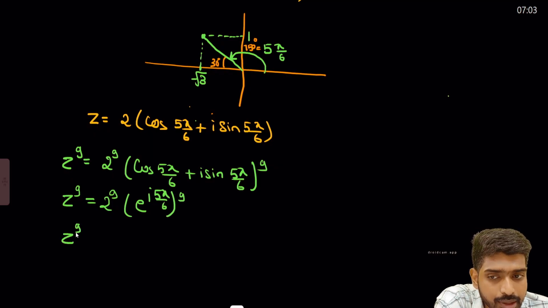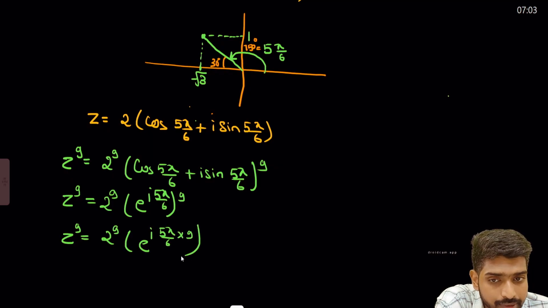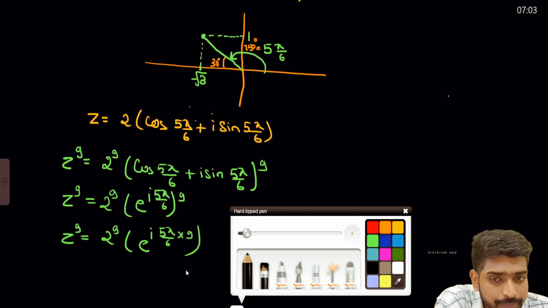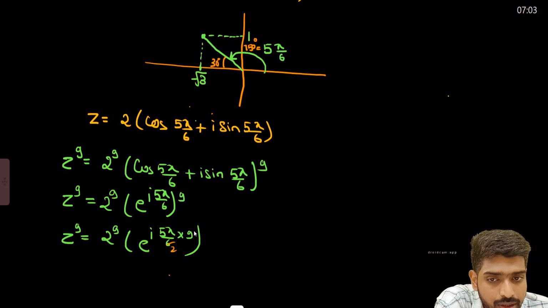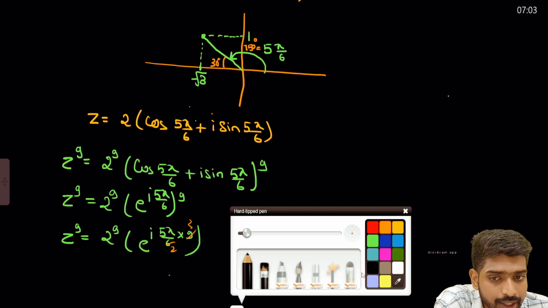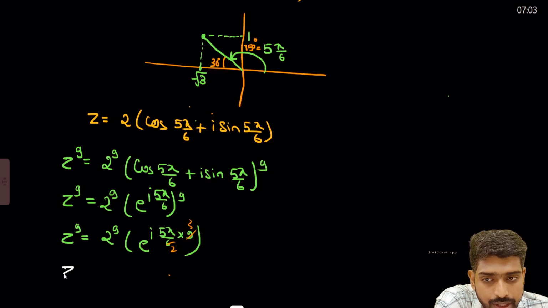So I'll multiply this 9. So here e power iota 5 pi by 6 multiplied by 9, right? 3 twos are 6, 3 threes are 9, it will get cancelled and we'll get 15 pi by 2. So z power 9 is equals to 2 power 9 e to the power iota 15 pi by 2.